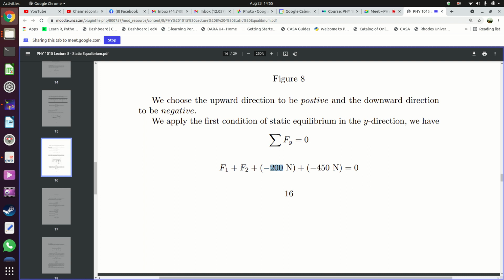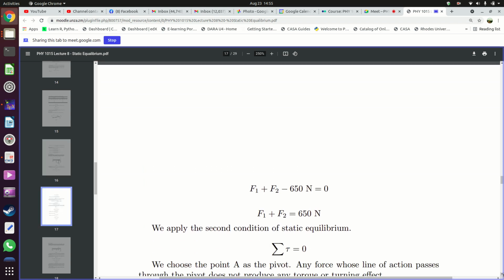So F1 plus F2 equals 200 plus 450, which gives F1 plus F2 minus 650 equals 0. So you end up with F1 plus F2 equals 650. This is what you get by applying the first condition of equilibrium.